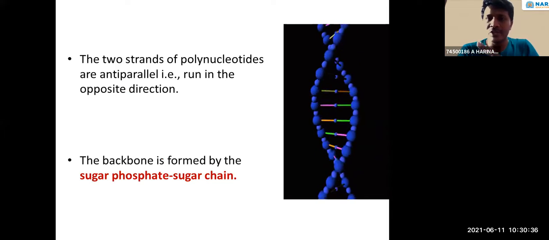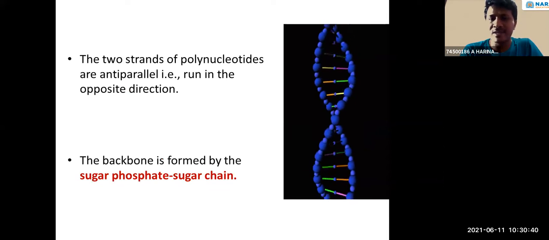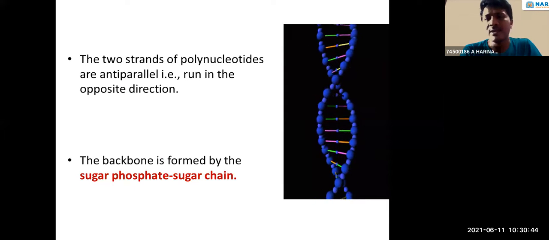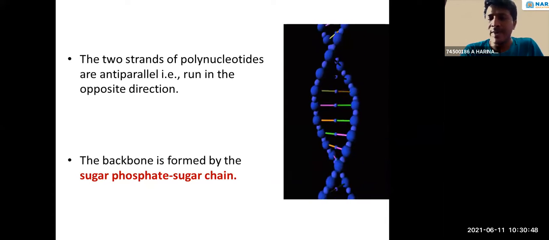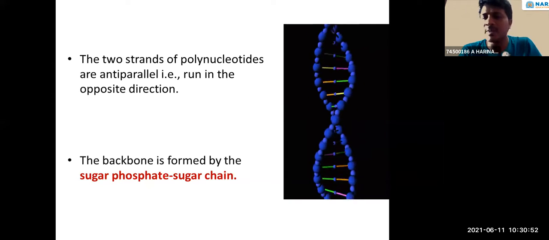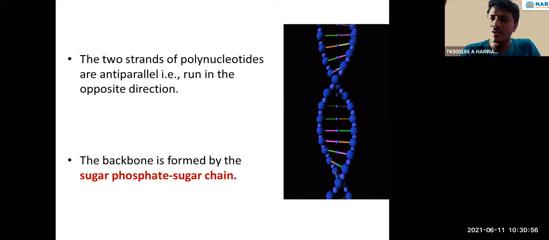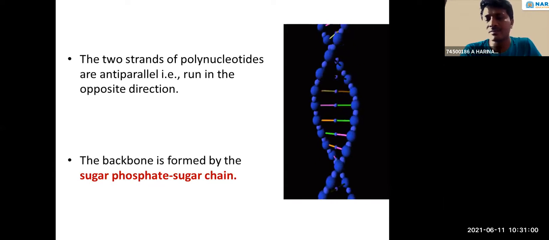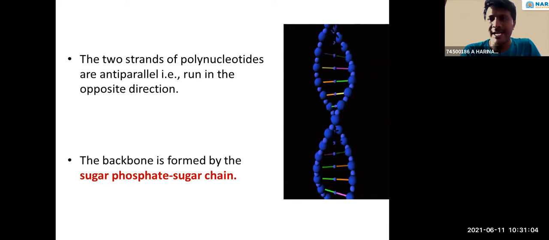So the two polynucleotide chains are antiparallel to each other. The backbone is formed by the sugar phosphate sugar chain. These two lines are very, very important. You understood this right-hand helix.